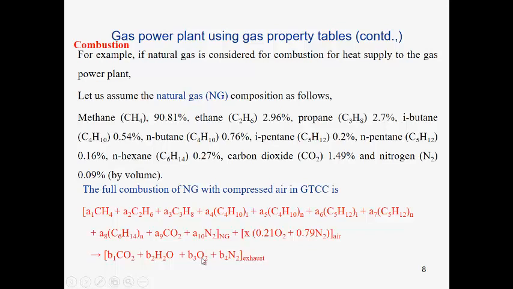Out of 5, 4 are mass balance equations, that is C balance, H balance, O balance, and N balance. And the fifth equation is the energy balance equation. After combining all these 5 equations, well, these are linear equations since it is a full combustion, the values of B1 to B4 as well as x can be determined.